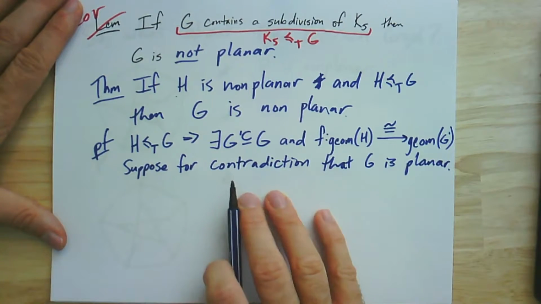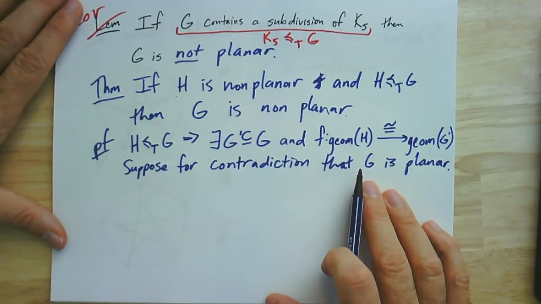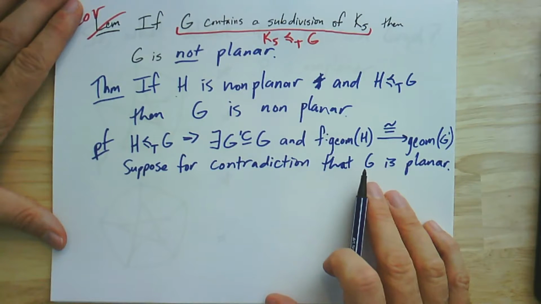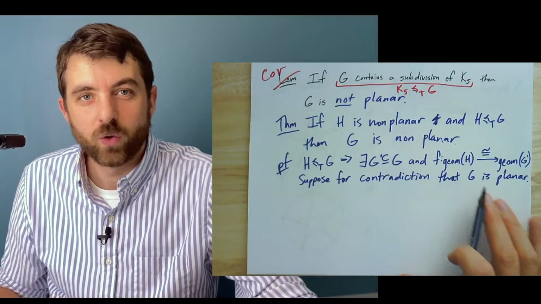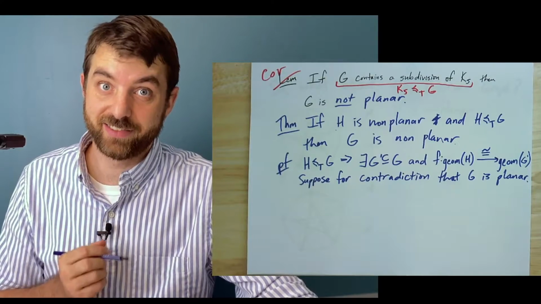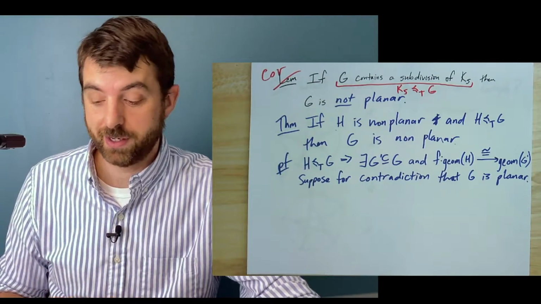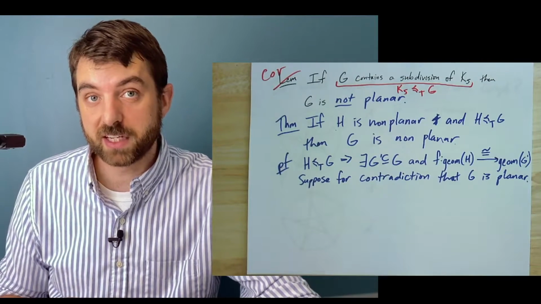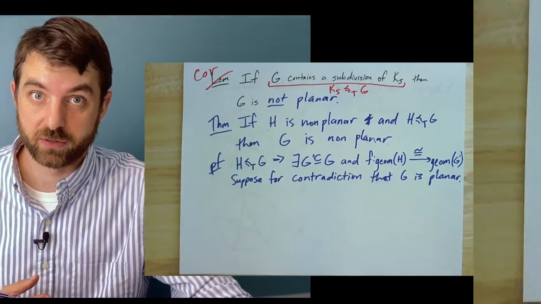We're going to try to take this supposition that G is planar, and we're going to try to construct a planar embedding of H. And to prove a graph is planar, perhaps the most direct way is to just give an embedding. That is, to somehow write down exactly what the embedding should be. And that's not always easy to do, but in this case we've got a head start because we're going to assume we have an embedding of G.